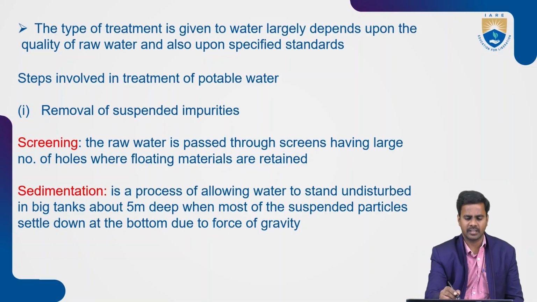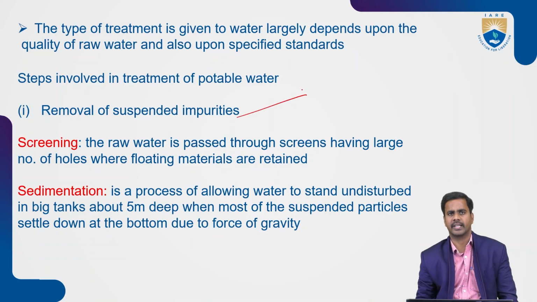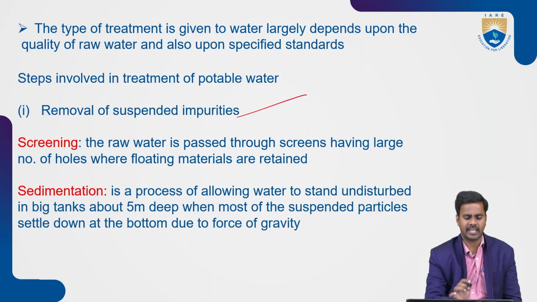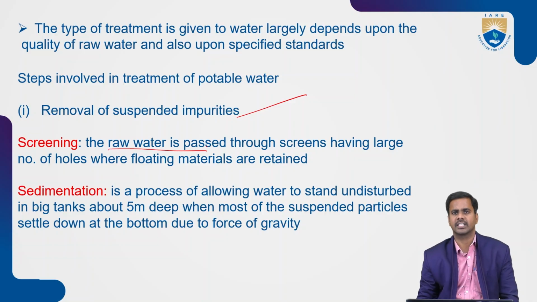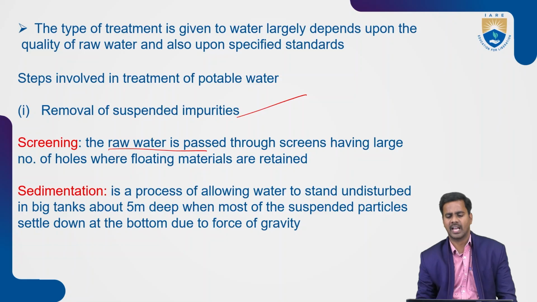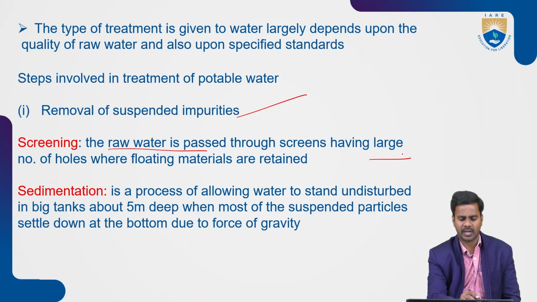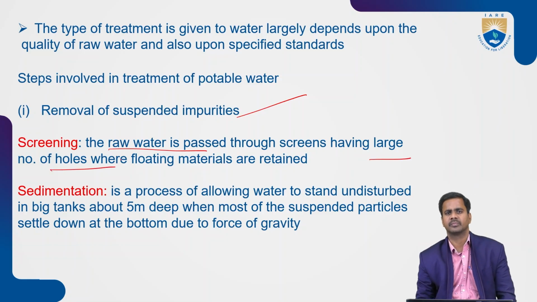The first one is removal of suspended impurities. Suspended impurities can be removed by the following steps. First is screening. In this process, the raw water is passed through screens having a large number of pores, where floating materials are retained.